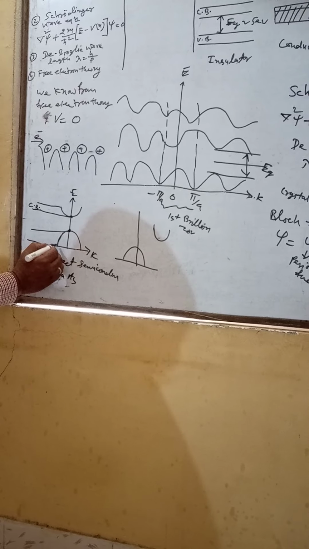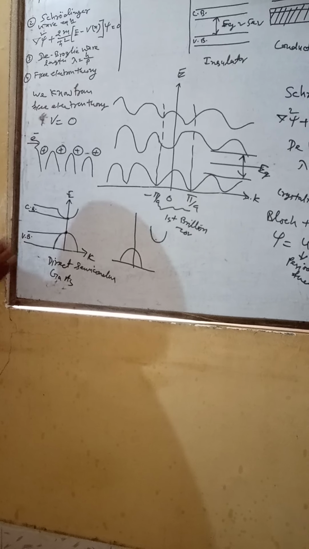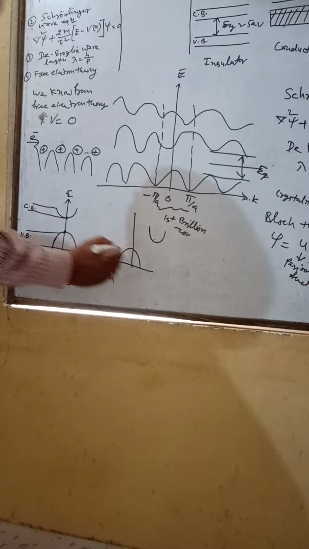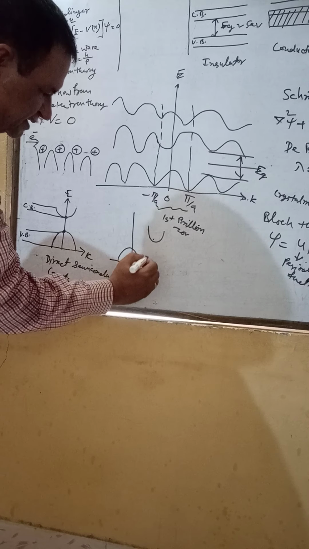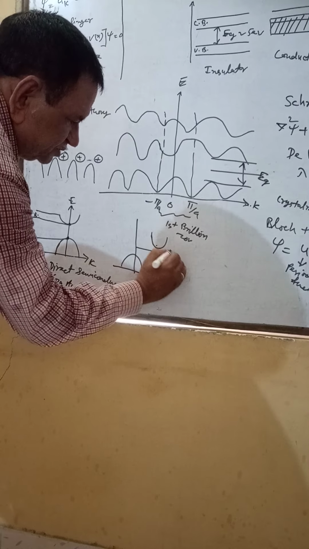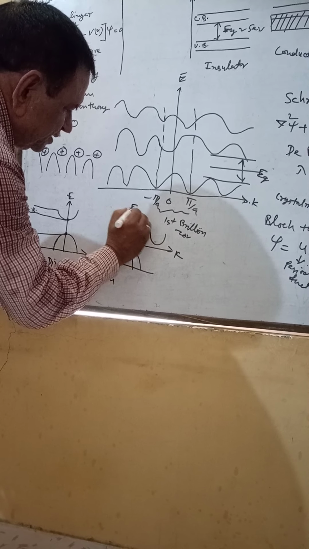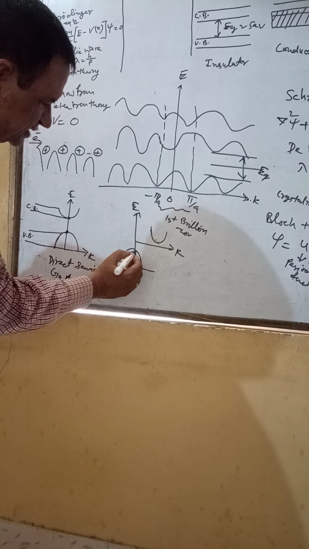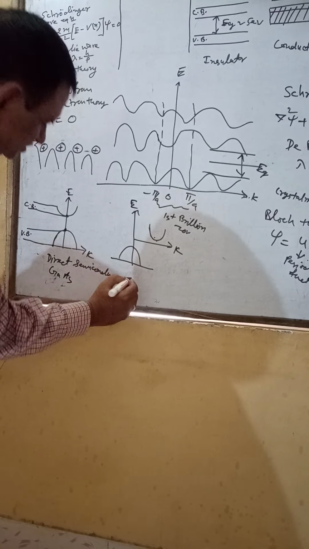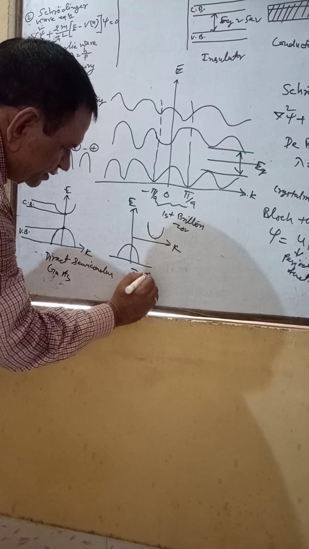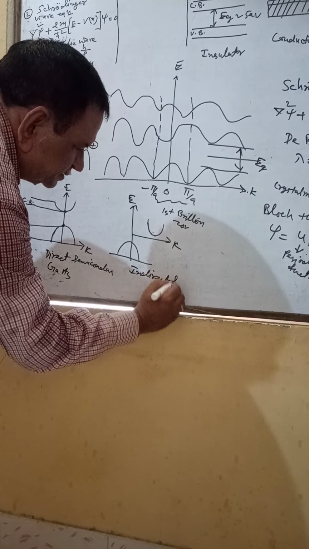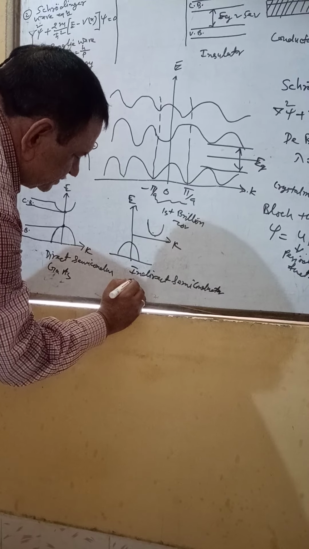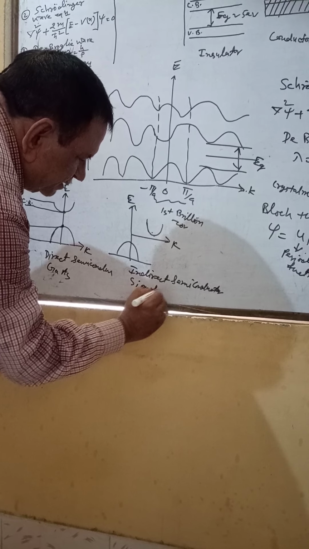If the K value does not coincide between the valence band maximum and conduction band minimum, then it is known as an indirect semiconductor, such as silicon and germanium.